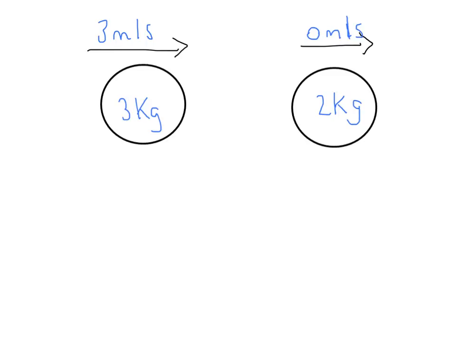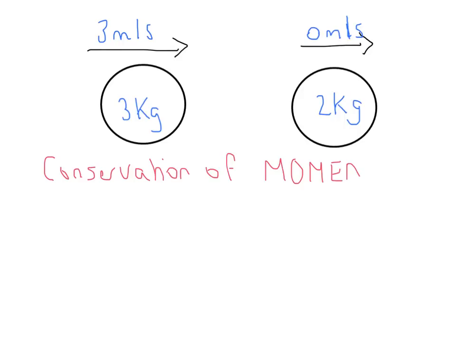In order to apply any equations to this, you need to apply a principle of conservation, and the principle you need to use is conservation of MOMENTUM. I'm writing this in capitals because it's really important. Momentum must always be conserved.